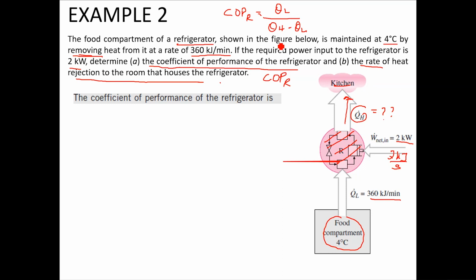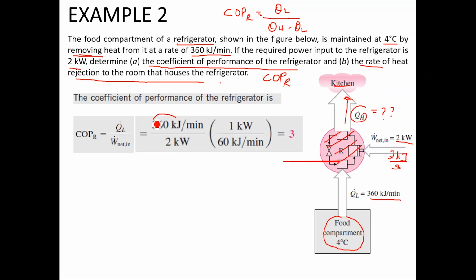So the coefficient of performance of the refrigerator, as I've defined, is essentially Q dot L over work dot net in. Since both of them are expressed in terms of rate, you can have the ratio in the form of rates, and time would automatically cancel out. Now, Q dot L is given in terms of minutes, so to convert it into seconds you divide it by 60.